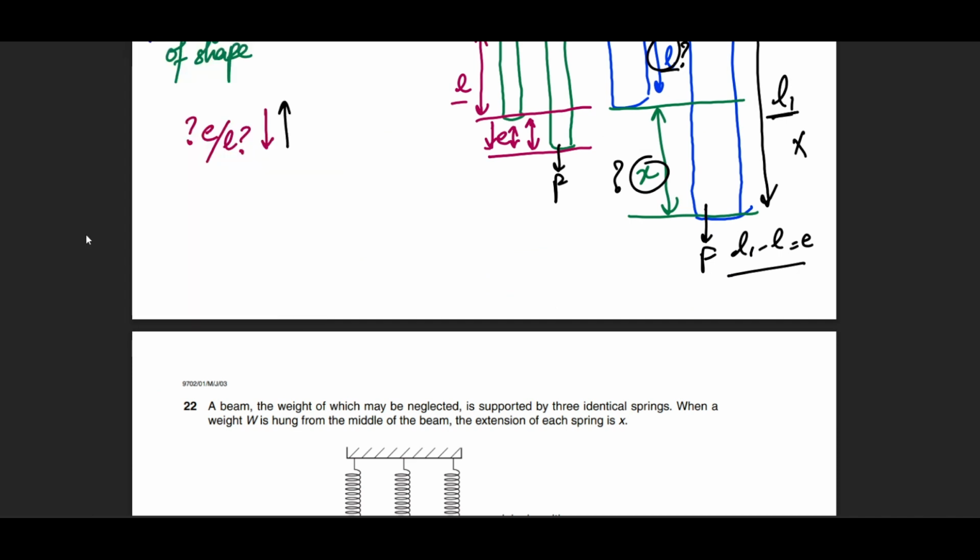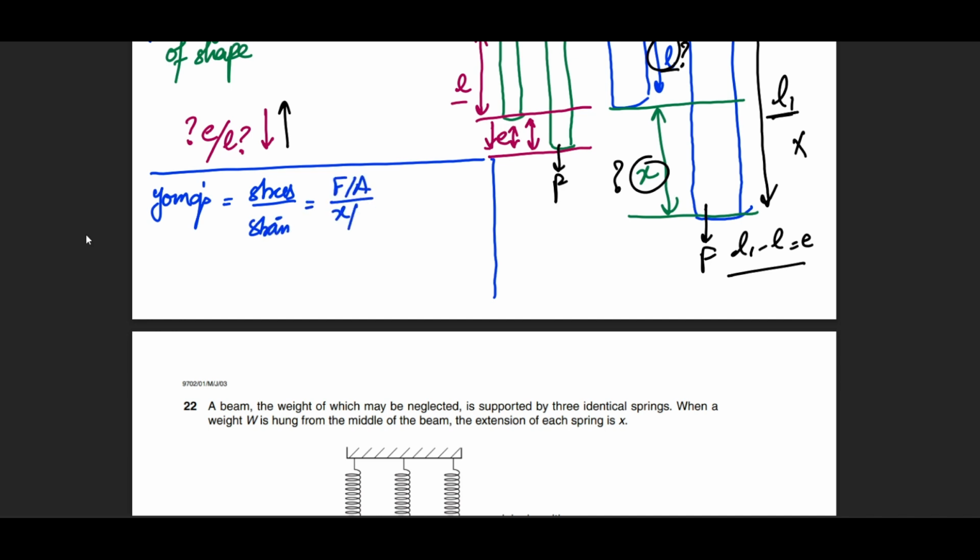We have the formula for Young's modulus. Now, Young's modulus is actually just a ratio of stress divided by strain, which is going to be force over area divided by change in length divided by original length. If you simplify this algebraically, this is going to become FL over AX, X being the extension.